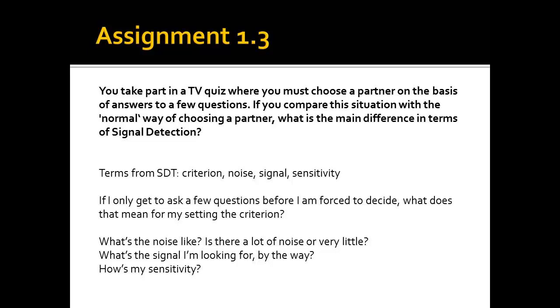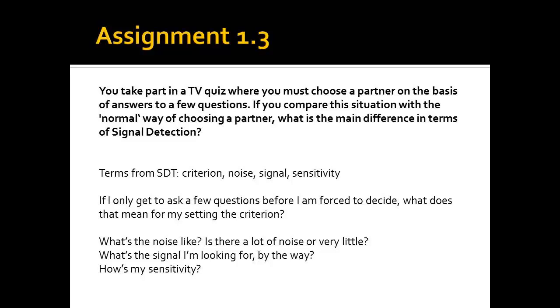Okay, so let's break down the question a little bit first. We have to use terms from signal detection theory, terms like criterion, noise, signal, sensitivity, to describe two scenarios, or the difference between two scenarios. The first one is choosing a partner for a game show on the basis of only a few questions.